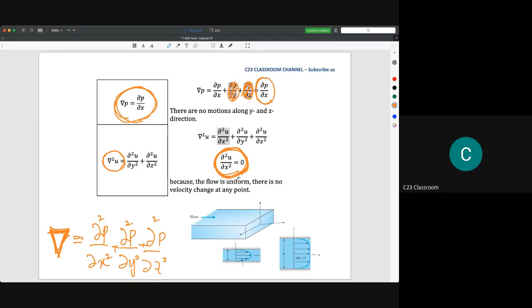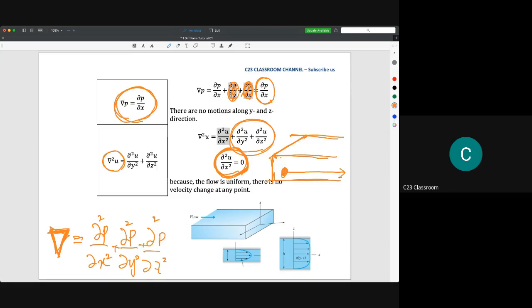So what is the meaning of du dy and du dz? Okay, so we could assume like this. I will draw this in 3D. We have a molecule here. Maybe on average, we assume that the molecule is moving along this straight line.